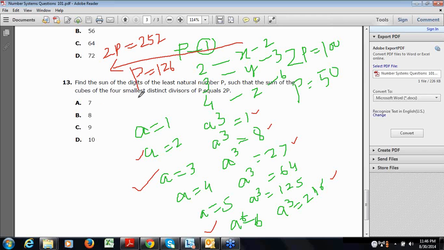So the required number is 126. The sum of digits will be 1 plus 2 plus 6. It will be 9. We'll go ahead and mark option number 9.